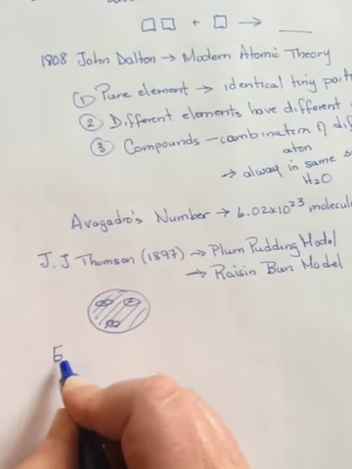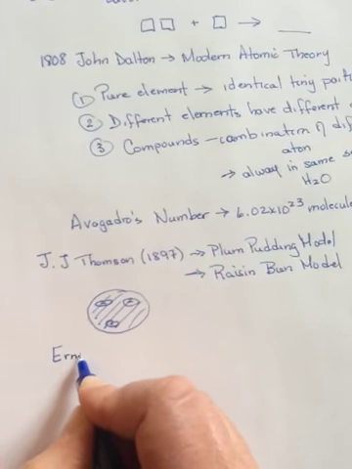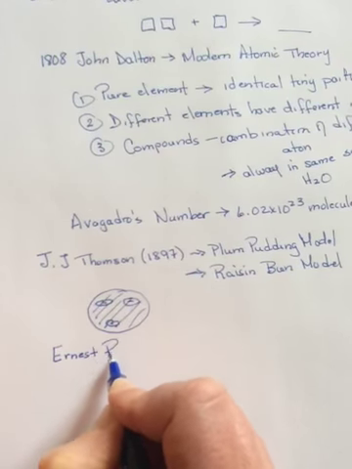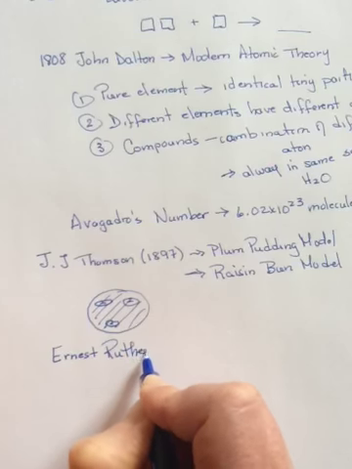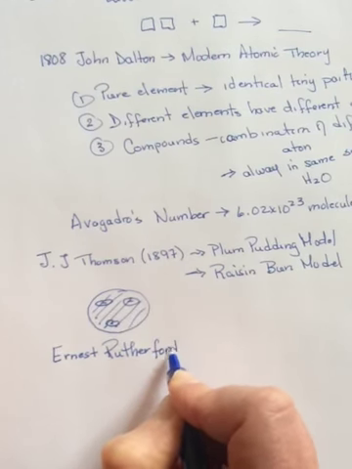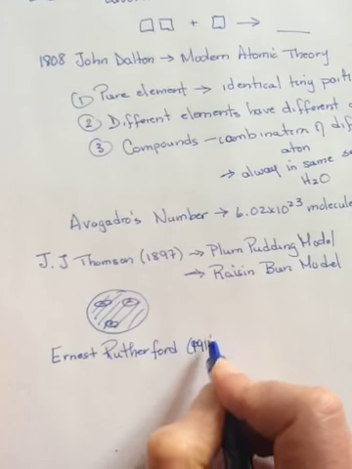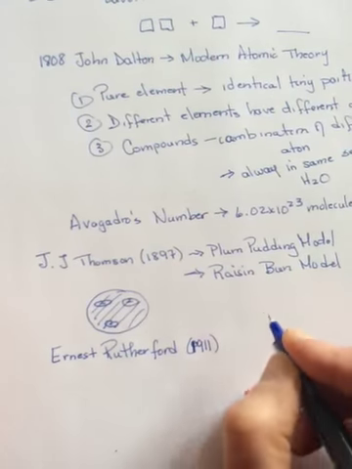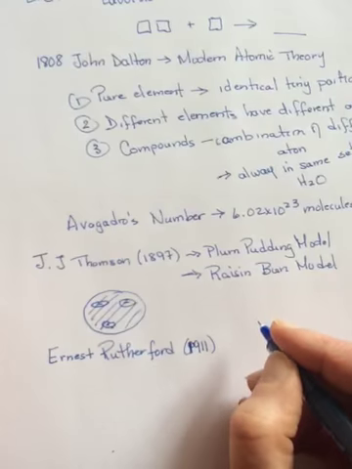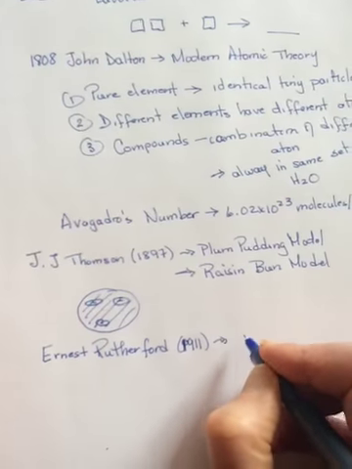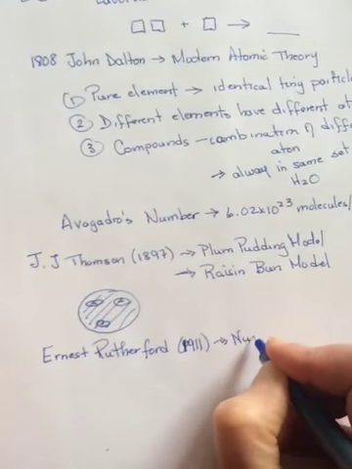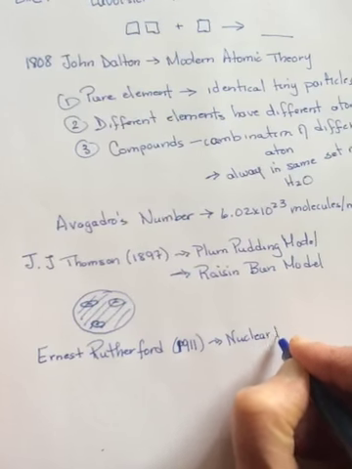And so the next model is Ernest Rutherford, 1911. So not very long after the electron was isolated. And his model, I think it's technically called the nuclear model.